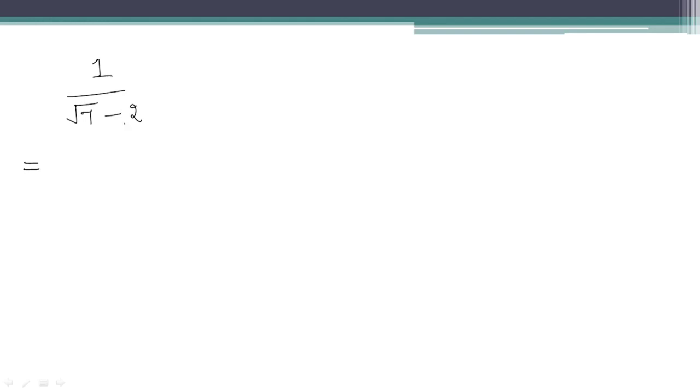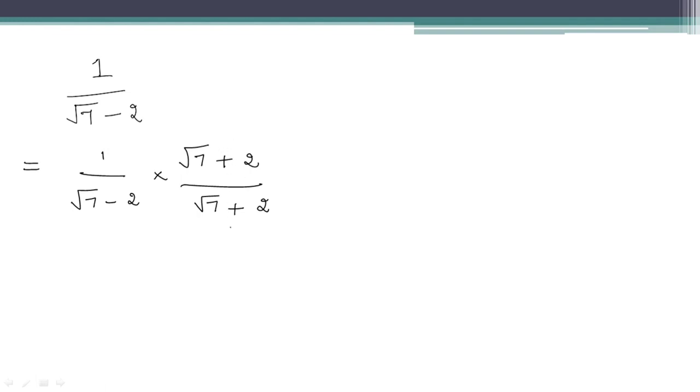Here we have a minus sign. That means we have to multiply both numerator and denominator by this denominator but with a plus sign, because in the denominator we have minus here.